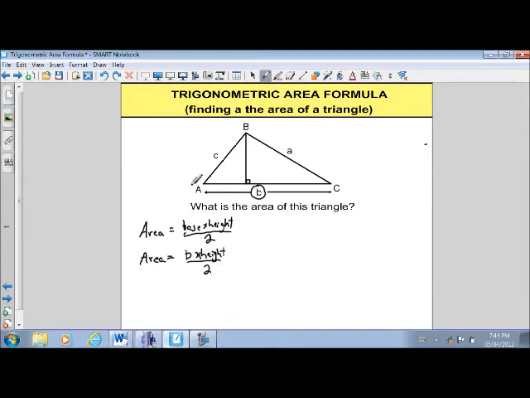And then, how did we find out the height before? Well, we used sine, and the same thing happens. If we're looking at angle A, this would be my opposite side, and this would be my hypotenuse. So before, we said the sine of theta equals opposite over hypotenuse.